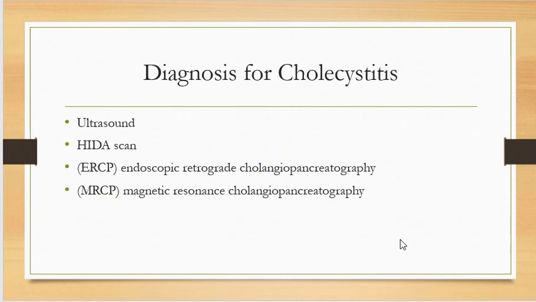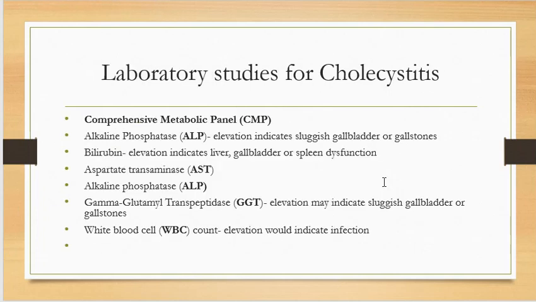All right. And then what lab values do we do for this patient? So we would do a CMP, comprehensive metabolic panel, and an ALP, which is alkaline phosphatase, bilirubin, AST, ALT, GGT, and CBC, which would include our white blood cell count.